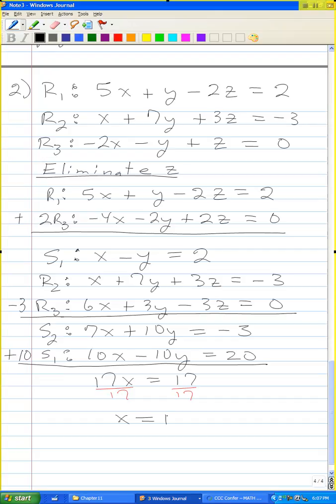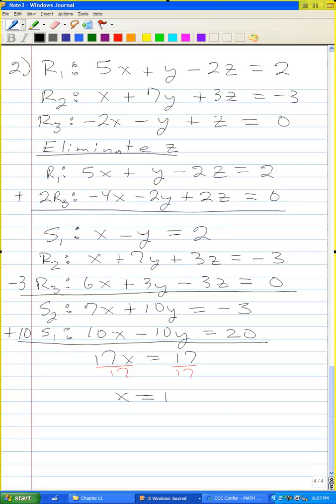So now I can figure out what y and z are. I can plug into any equation so long as the equation involves my one unknown. So I know my x, I can figure out my y. Maybe I'll use S1. And so x minus y equals 2.